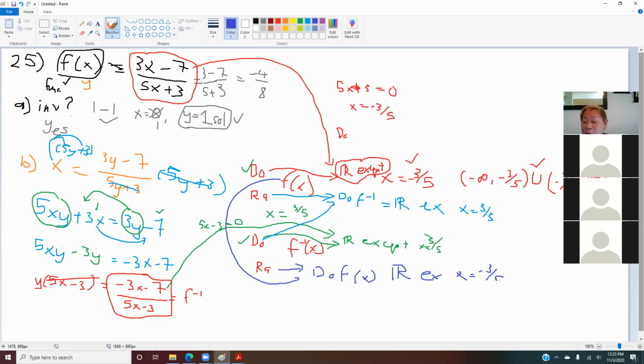So make sure you know that the domain of the original function is the same as the range of the inverse function, and the range of the original function is the same as the domain of the inverse function. They've been switched around, flip-flopped, if you want to say it. So make sure you know about this.